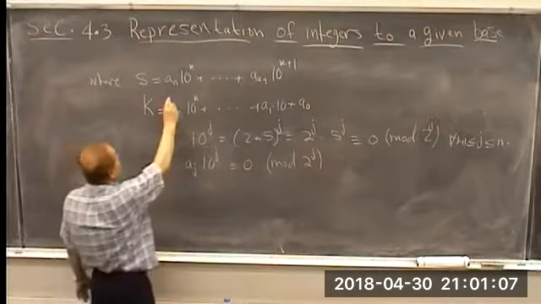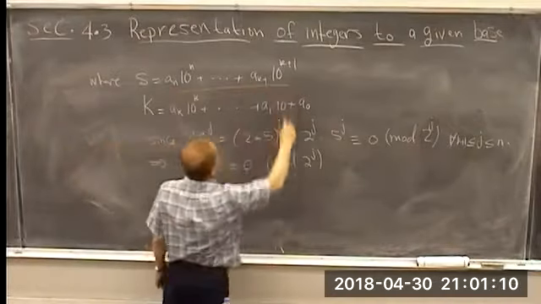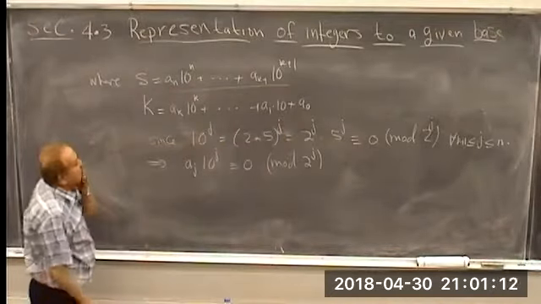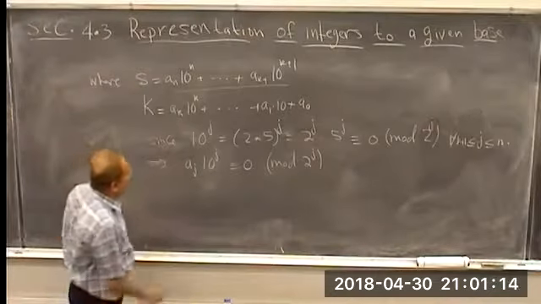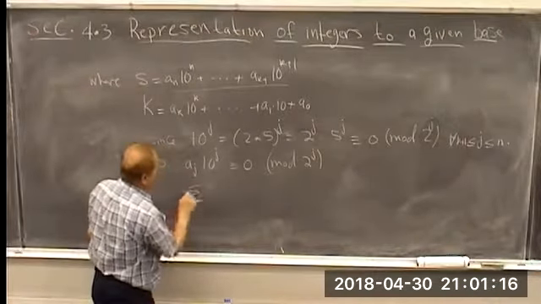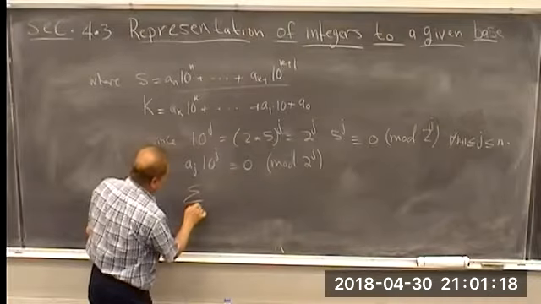So in other words, every term in S is going to be congruent to 0, and then we can add these, we can apply the properties of congruences.